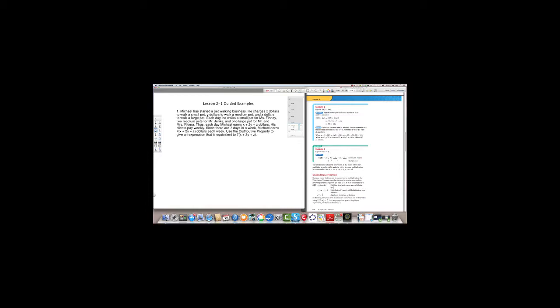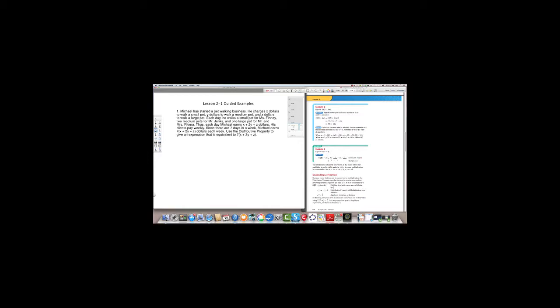So we've got this first one that shows that Michael earns 7, in parentheses, x plus 2y plus z, close parentheses, dollars each week. All they're asking you to do here, after all this language, is use the distributive property to give an expression that is equivalent to 7, open parentheses, x plus 2y plus z, close parentheses.